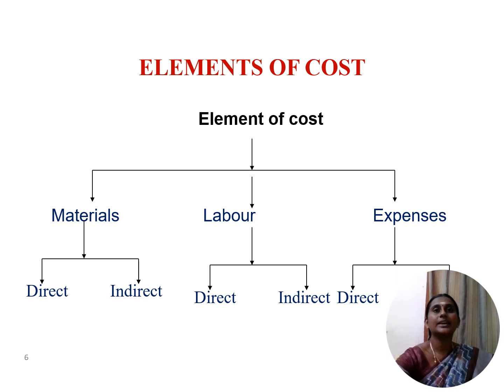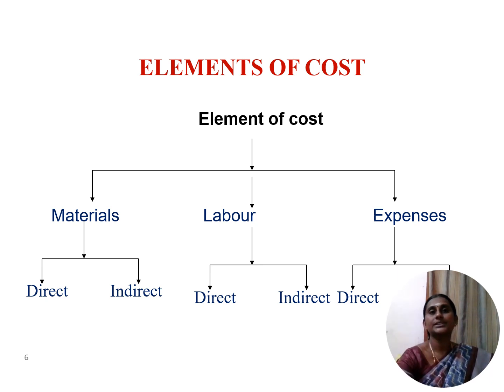Examples of indirect labor at factory level: foreman's salary, workman's salary, gatekeeper's salary, etc. At office level: accountant's salary, general manager's salary, manager's salary, etc. At selling and distribution level: salesman's salary, logistic manager's salary, etc.